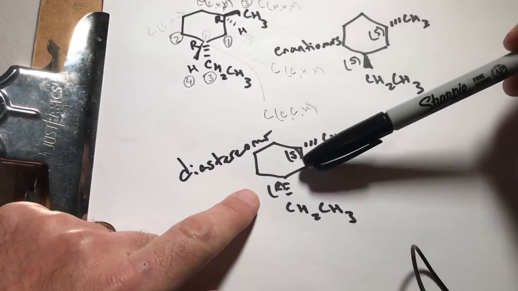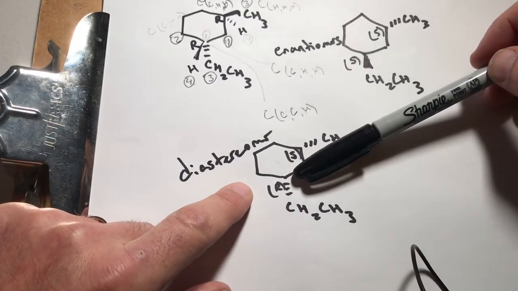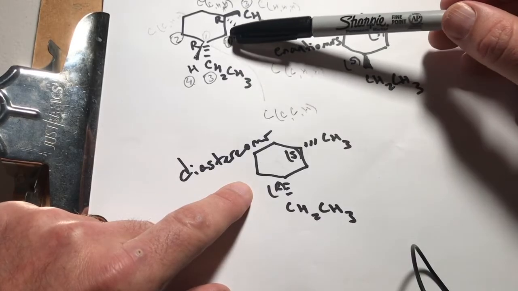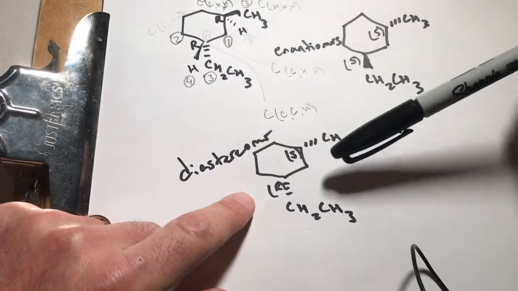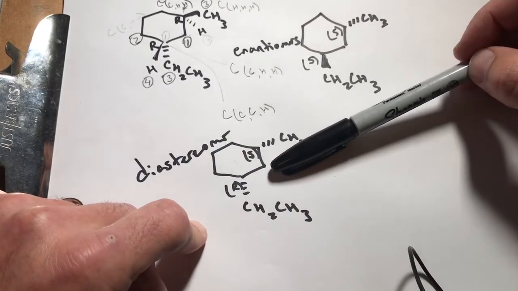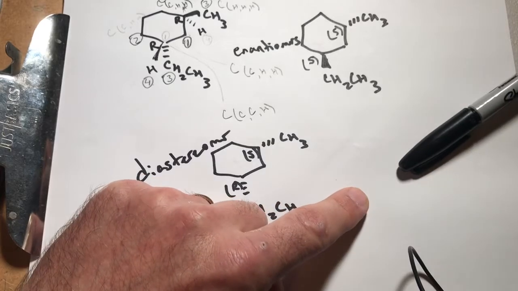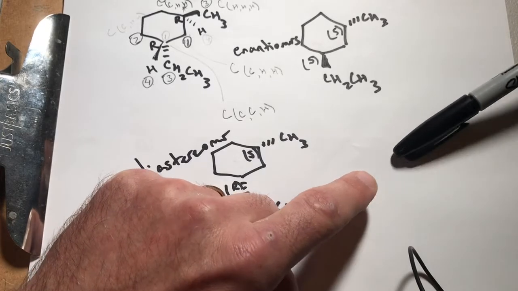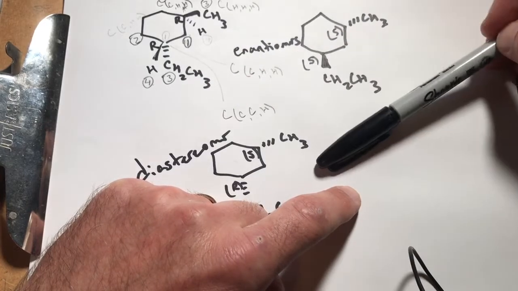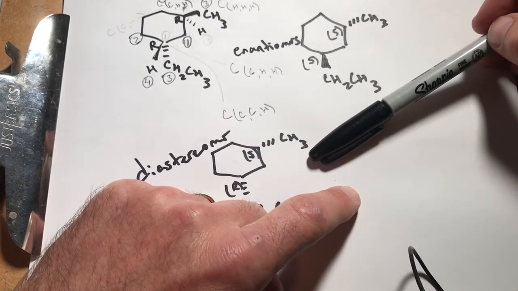It turns out that diastereomers have completely different chemical and physical properties from say, this stereoisomer. Okay, and so the interesting thing is that this diastereomer, I could obviously draw the other enantiomer of that, right? And that other enantiomer that I drew would also be a diastereomer of these two compounds.